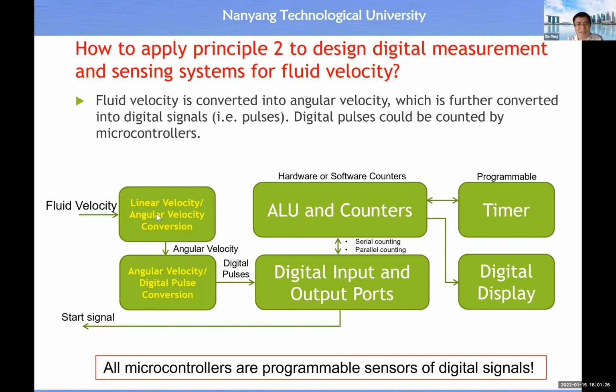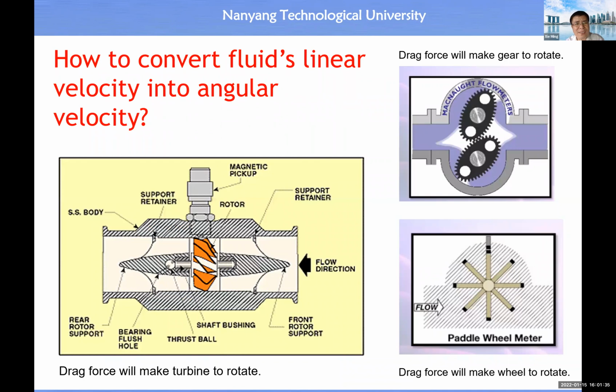Then your focus is just on the conversion from linear velocity to angular velocity, then angular velocity to digital pulse, all right? Then how to convert first linear velocity into angular velocity? So there are plenty of solutions now, right? So here I just show you three solutions. You can have a turbine placed inside the pipe, okay?